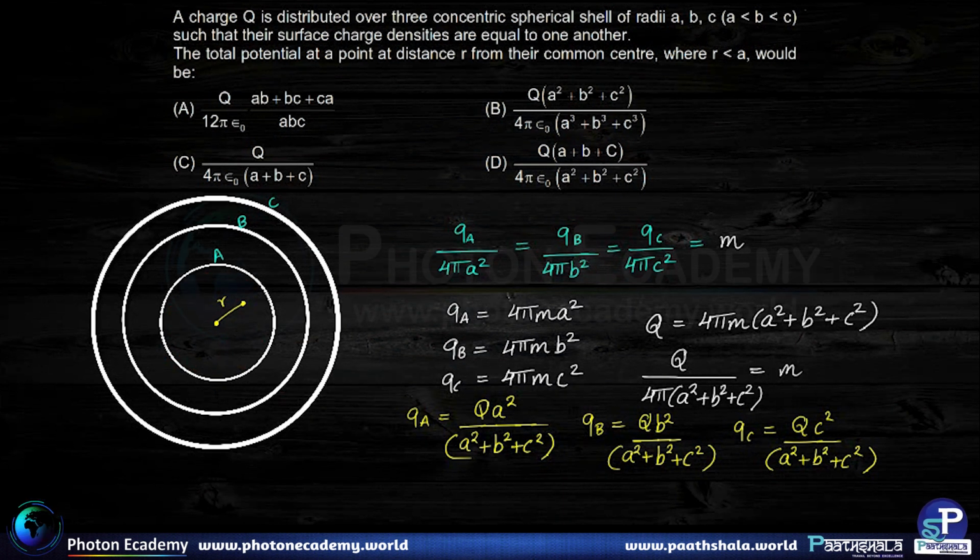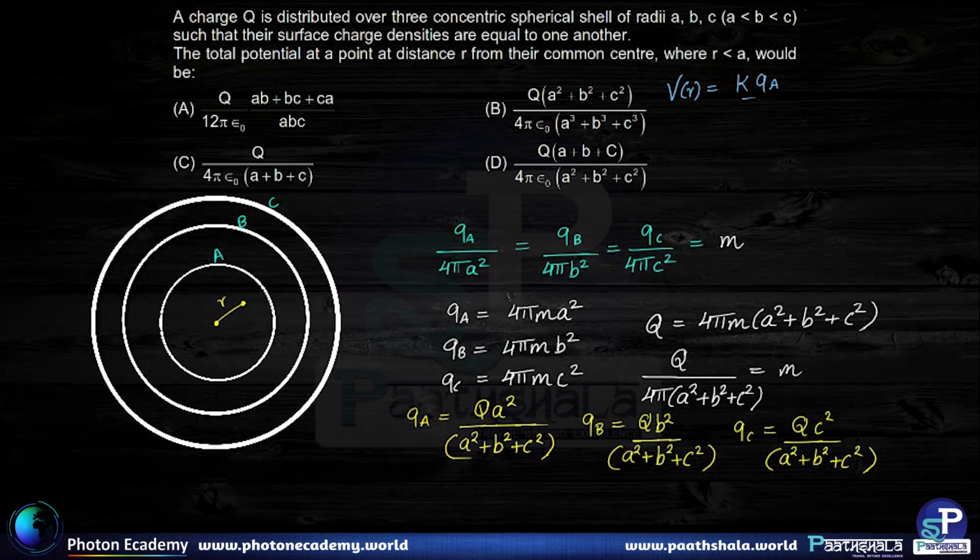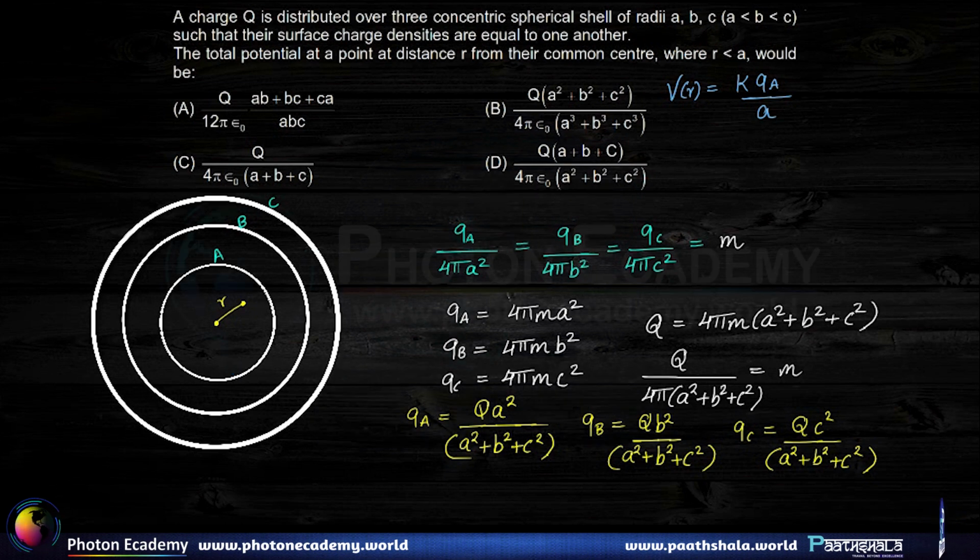So that gives us a very simple formula for the potential. The potential V at a distance r is going to be equal to K Q_A, whatever be the charge on sphere A, divided by a, because we know that potential inside a spherical shell is equal to K Q divided by R, where R is the radius of the sphere. So here the radius of sphere A happens to be small a.